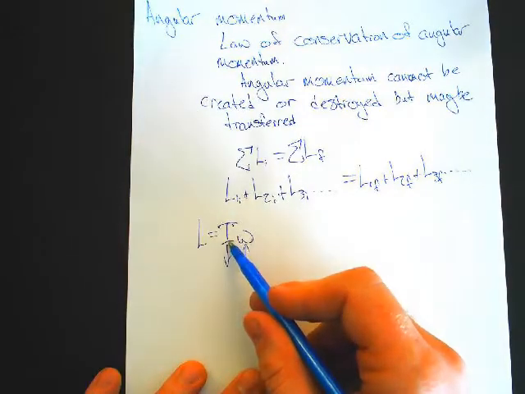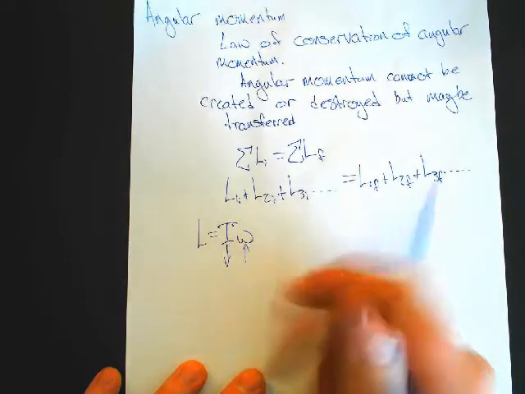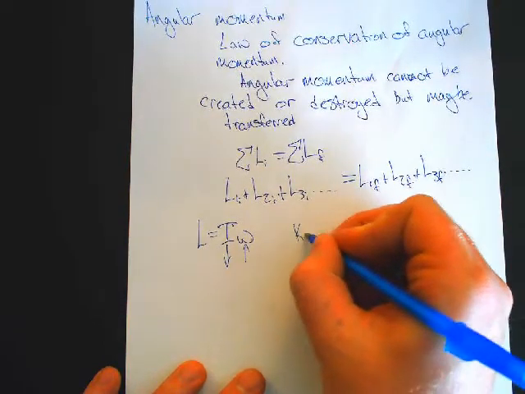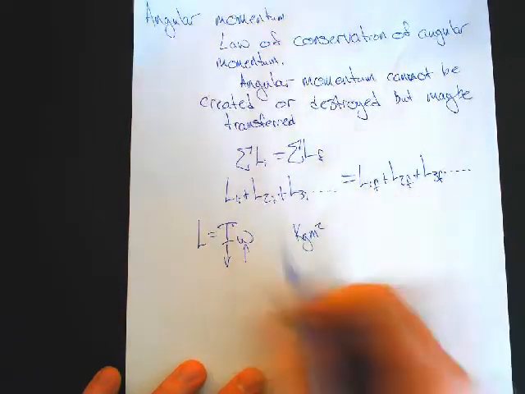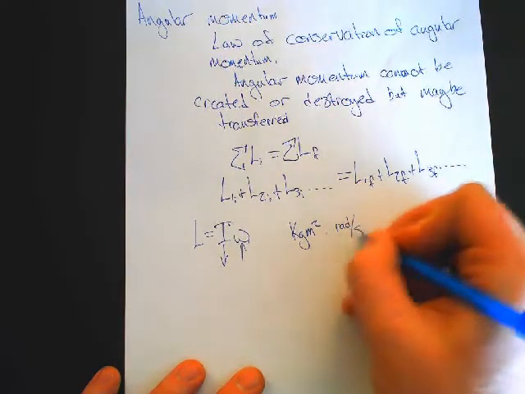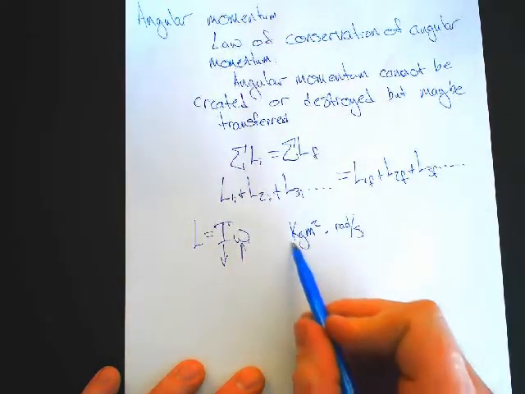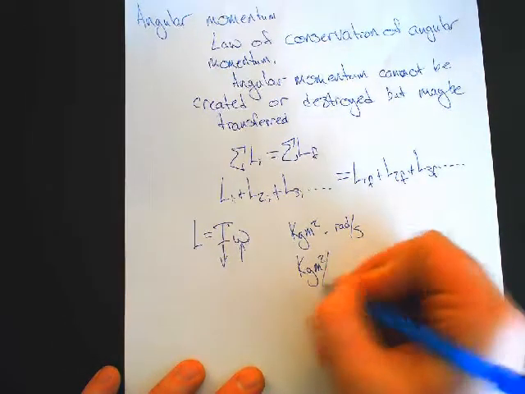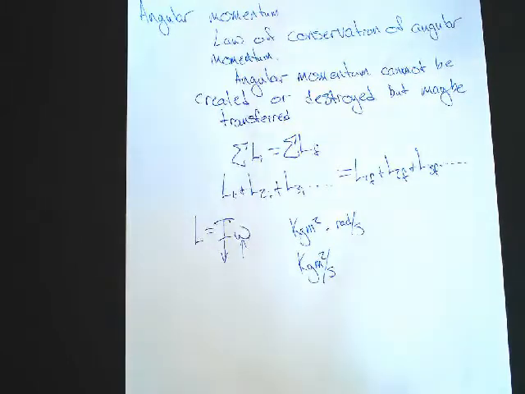Let's see here. Units. Rotational inertia is kilogram meters squared. Angular velocity is radians per second. So what we see for units then is a kilogram meters squared per second, because technically a radian is a unitless value.